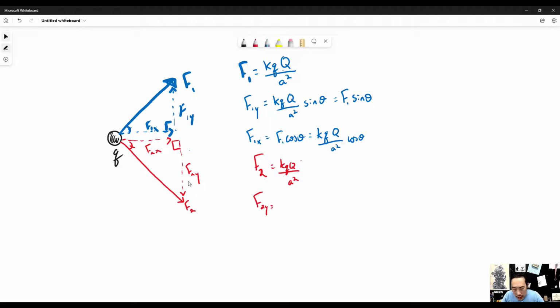If I take a look at this f2y component, it's pointing downwards, so this one should be negative f2 sine theta, or negative kqQ over a squared sine theta, and f2x is equal to f2 cosine of theta, which is kqQ over a squared cosine of theta. And the reason why this f2x is positive is because it's pointing to the right.